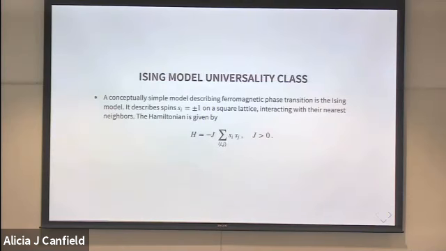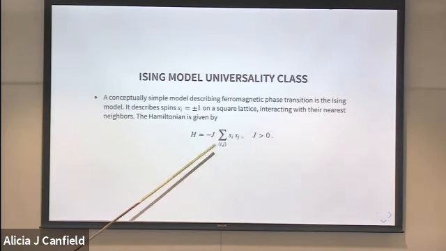All right. So I already mentioned the ferromagnetic phase transition. A simple model to describe it is the Ising model, which is quite well known, and it describes spins on a lattice interacting with their nearest neighbors. Here the angular brackets stand for nearest neighbors.